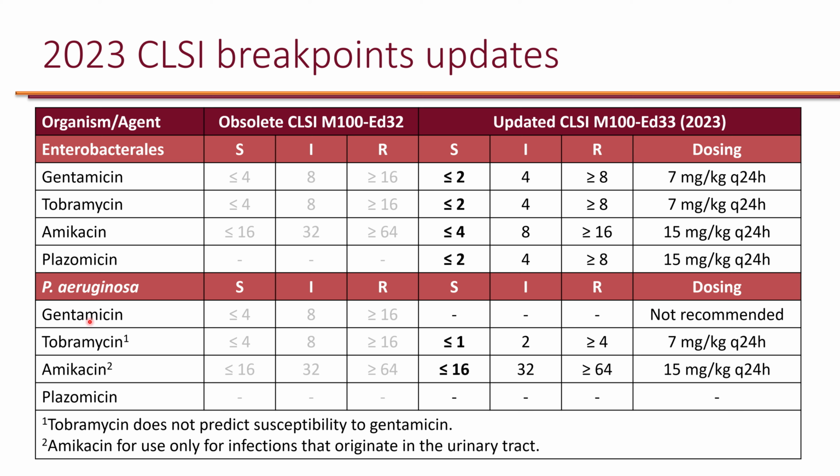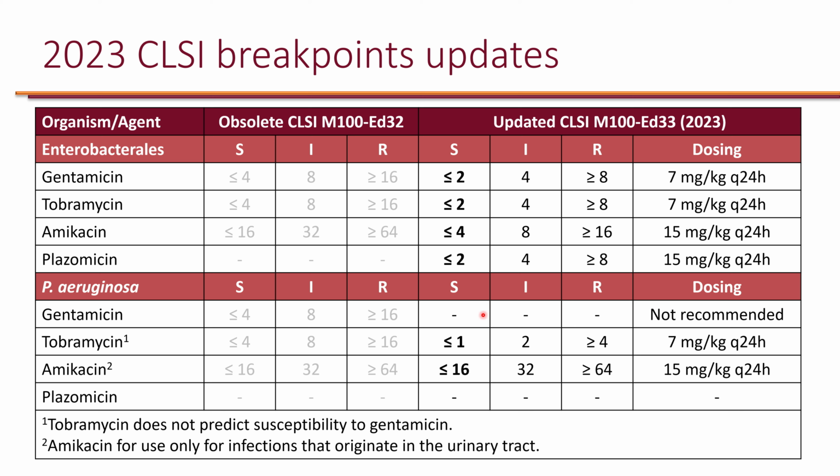Now, with regards to Pseudomonas aeruginosa, previously, we had susceptibility breakpoints for gentamicin, tobramycin, and amikacin. What happened in 2023 is that gentamicin, given the distribution of MICs among Pseudomonas isolates and the PK/PD of gentamicin, is no longer considered active against Pseudomonas.